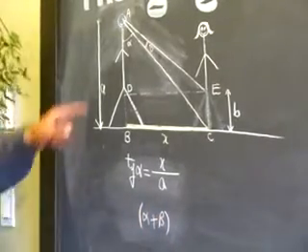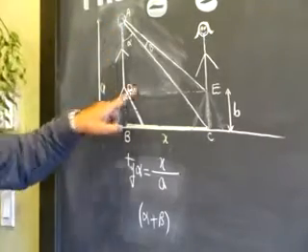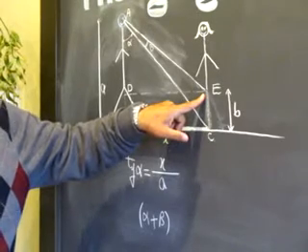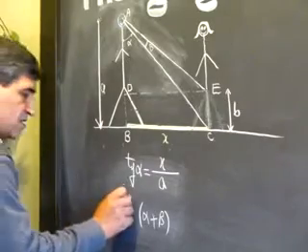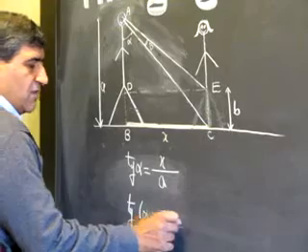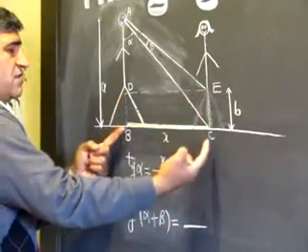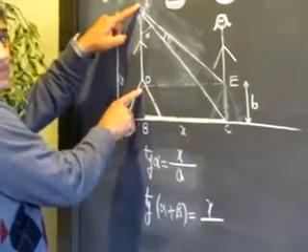Okay, if you pay attention to ADE, which is a right triangle, in this triangle tangent alpha plus beta equals opposite, which is DE, equal to BC or x, over AD.